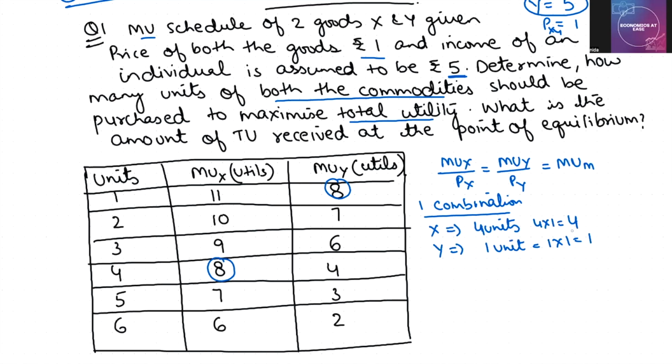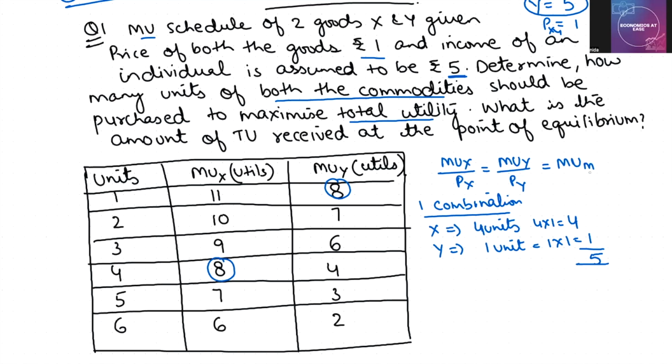That means the total income I am spending to get the satisfaction from both commodities is this: if I get 4 units of commodity X, then I get the satisfaction, and the same satisfaction I get if I get 1 unit of Y. It means MUx upon Px is equal to MUy upon Py is equal to MUm, right?